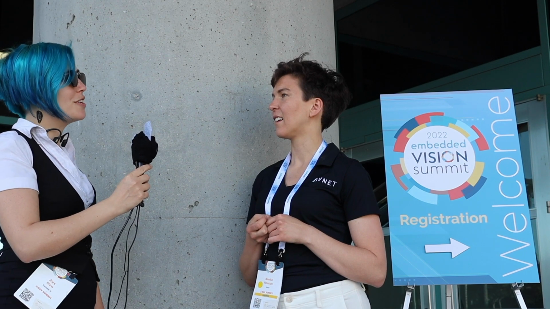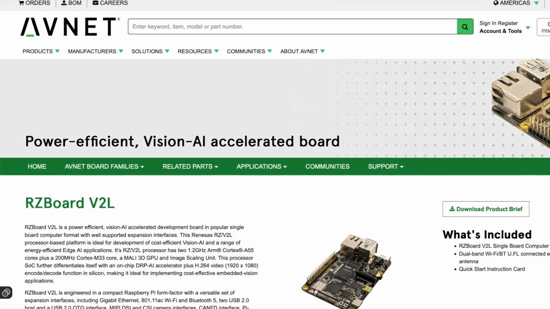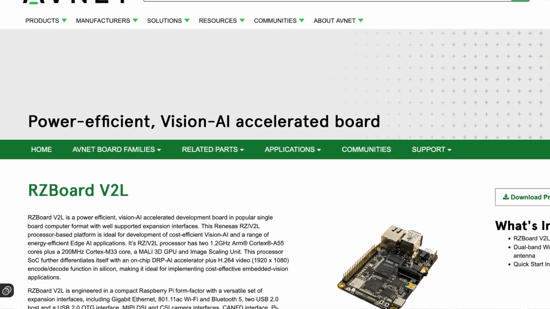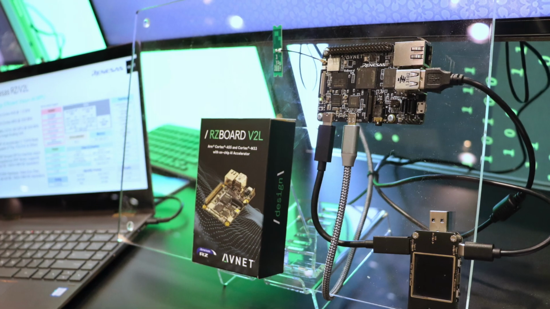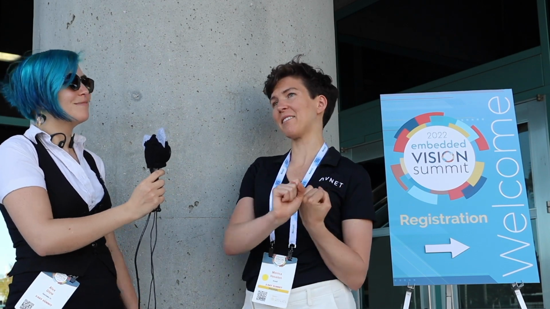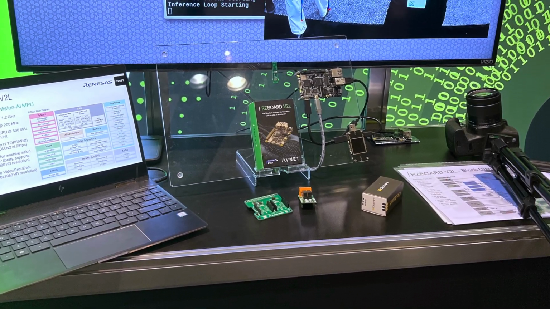What about the one from Renesas? That's what I'm really excited about because it comes in a Raspberry Pi format, and it's only $150. So it's a way that makers can get started with machine learning. It does really low power, which is great for the environment and for lots of reasons, and it does fast machine learning too.